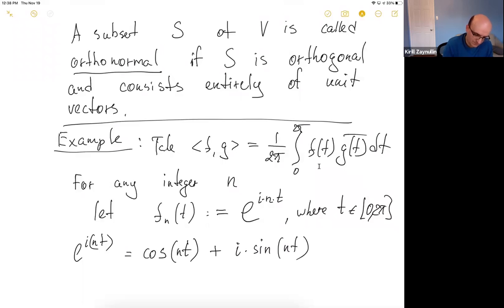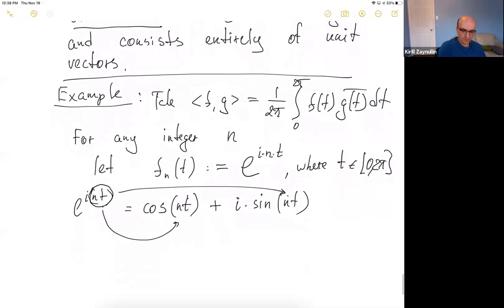That's what it is, right? So you put this number here and here. So e to the power i times some number is precisely cosine of this number plus i times sine of this number. That's a notation for this complex valued function.